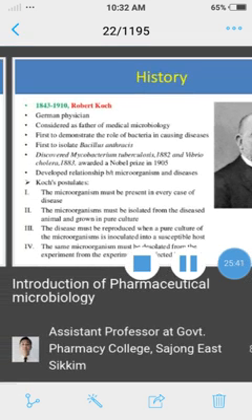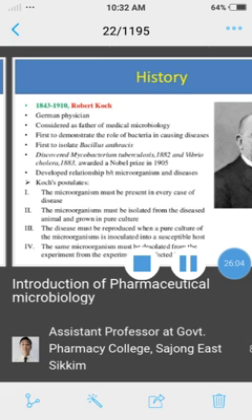I am once again repeating the postulates of Robert Koch. The first postulate, the microorganism must be present in every case of disease. Second, the microorganism must be isolated from the diseased animal and grown in pure culture.